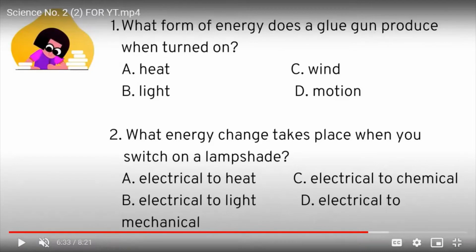Number 2. What energy change takes place when you switch on a lampshade? A. Electrical to heat. B. Electrical to light. C. Electrical to chemical. And letter D. Electrical to mechanical. Let's proceed with our third question.